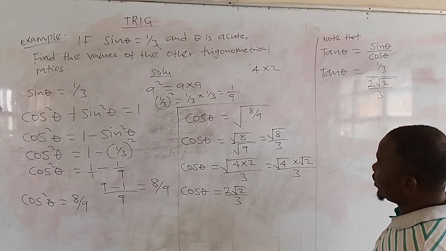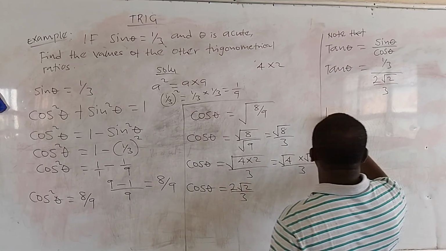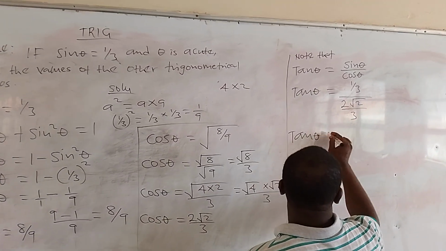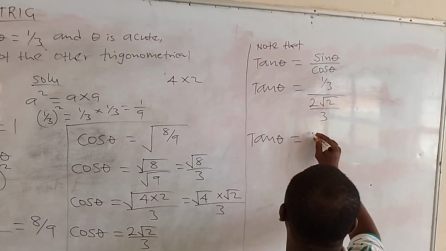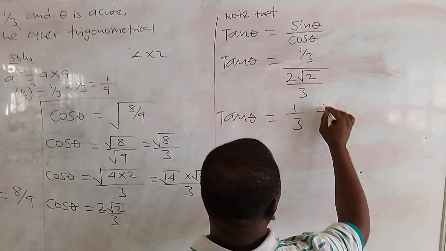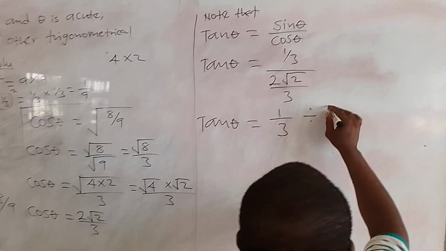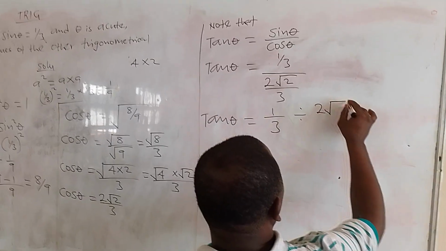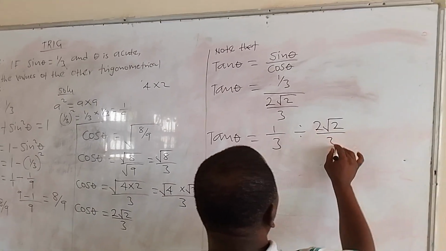Do you agree with me? So now our tan theta is equal to 1 all over 3, this is a division sign, so we can turn it this way, 2 root 2 all over 3.